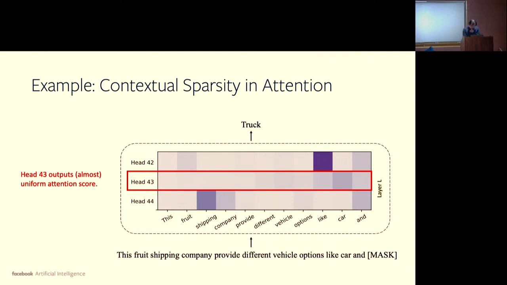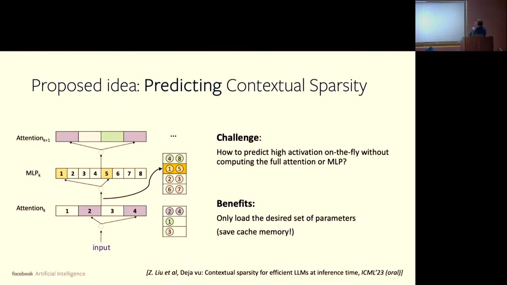How do you predict that? We learn a very simple predictor per layer, per head, and per activation, about which heads and which MLP intermediate neurons should be activated. We use that to predict this contextual sparsity and make the forward pass faster.